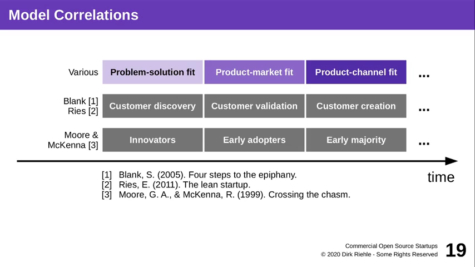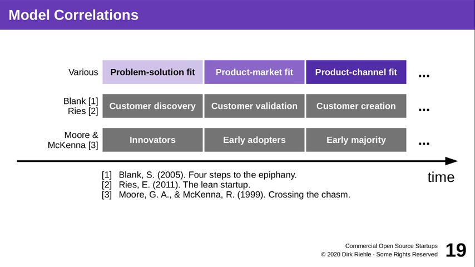So the stages of the search process that I will now look at have been given different names by different people over time. Here's a loose correlation. The industry in general talks about problem-solution fit, followed by product-market fit, followed by product-channel fit. Blank, and then Ries building on Blank, call it customer discovery, customer validation, customer creation.